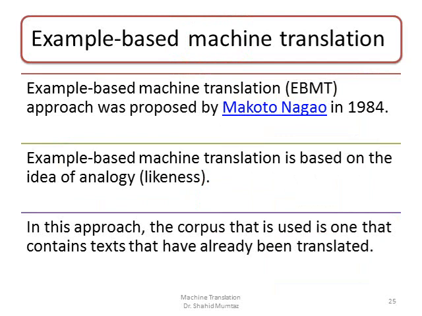Example based machine translation. This approach was proposed by Makoto Nagao in 1984 and is based on the idea of analogy. In this approach, the corpus that is used is one that contains texts that have already been translated.